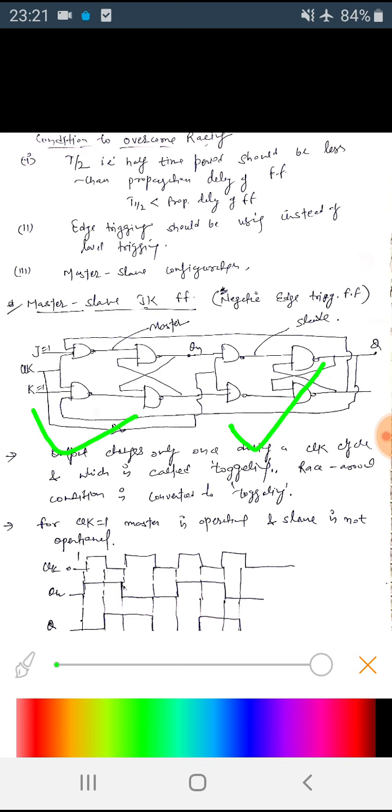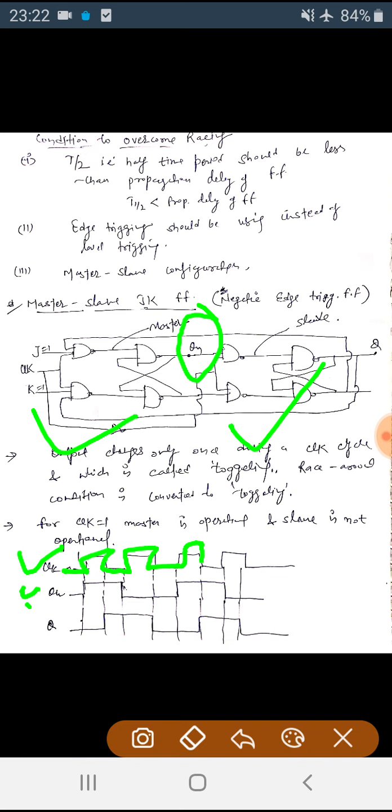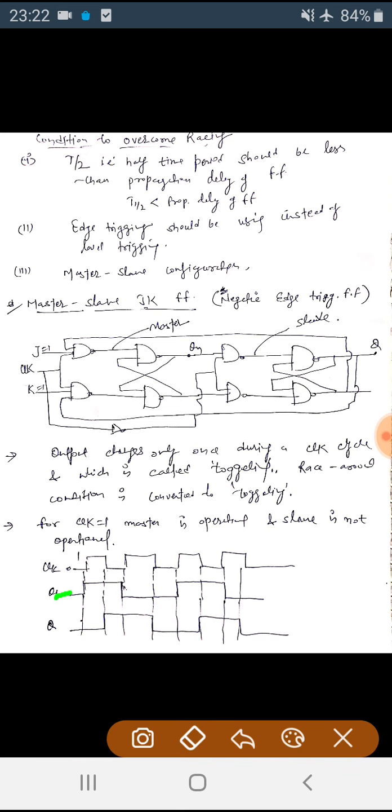Here we can see in the timing diagram, this is the clock 0 1 0 1 0 1. Now Qn is the output of master flip-flop, master JK flip-flop. So as we can see in the diagram given below, the Qn will change as the clock goes high.